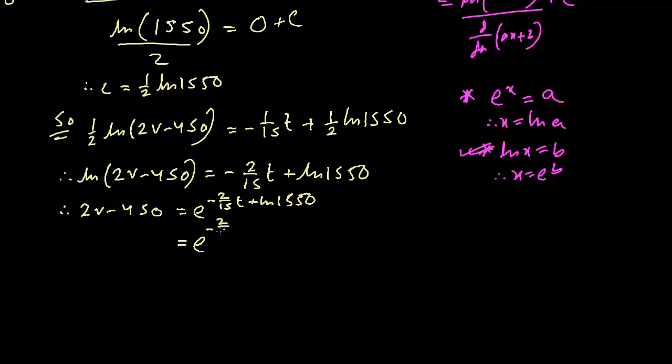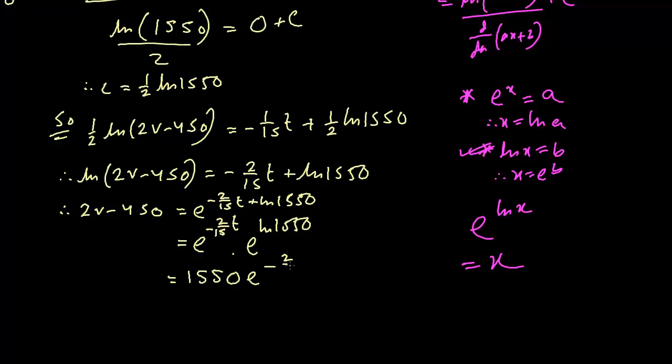So e to the power minus 2 by 15 t into e to the power ln 1550. And you remember, e to the power ln anything is that thing. e to the power ln x is x. So we can just write the value of e to the power ln 1550 as 1550. So this is 2v minus 450 equals 1550 e to the power minus 2 by 15 t.